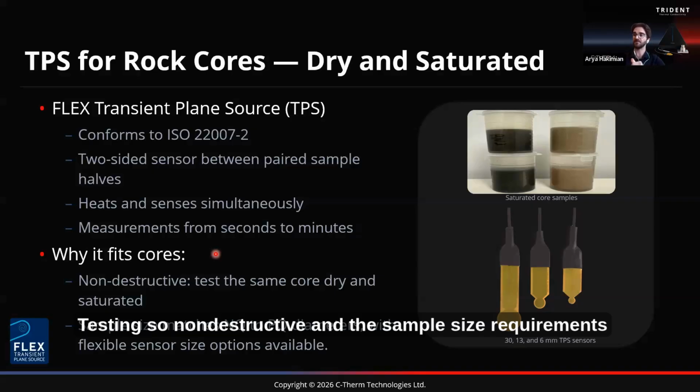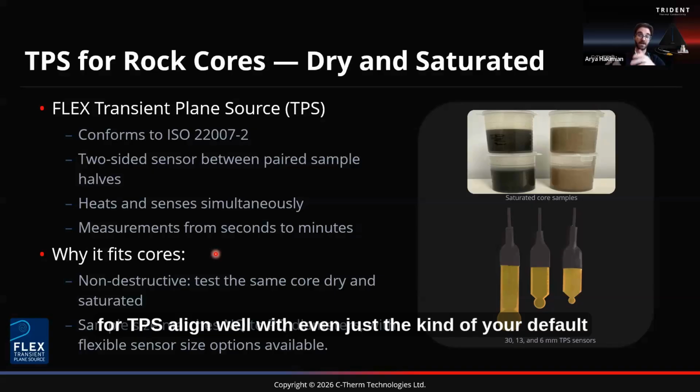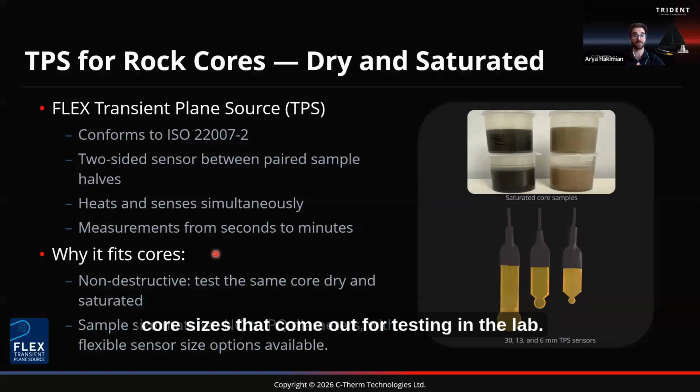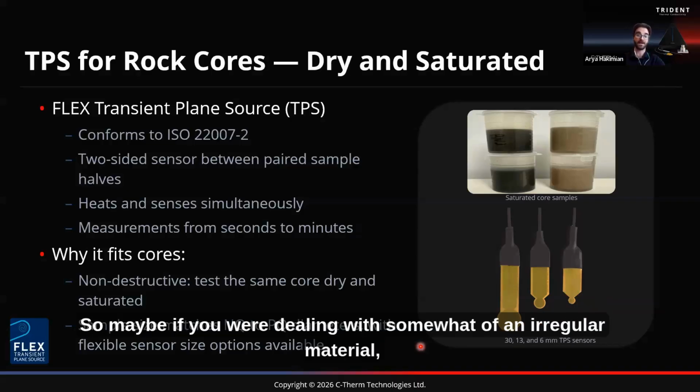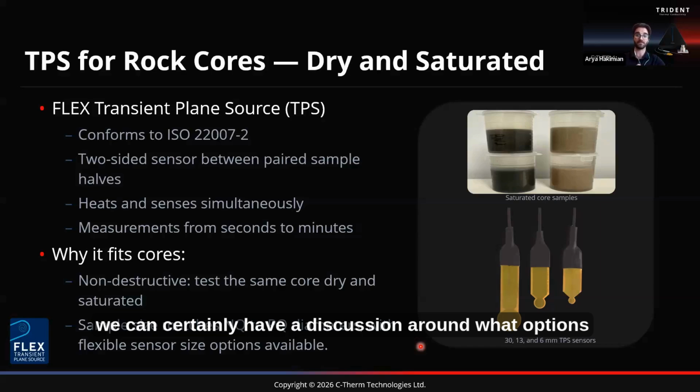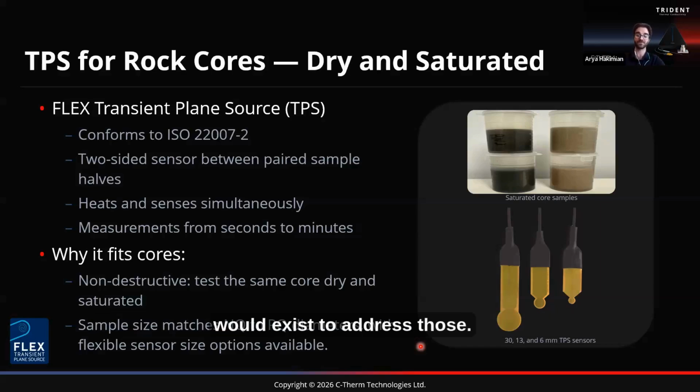The sample size requirements for TPS align well with even the default core sizes that come out for testing in the lab. That being said, we do have flexibility on our TPS sensor sizes, so there are varying options available. If you were dealing with somewhat of an irregular material, we can certainly have a discussion around what options would exist to address those.